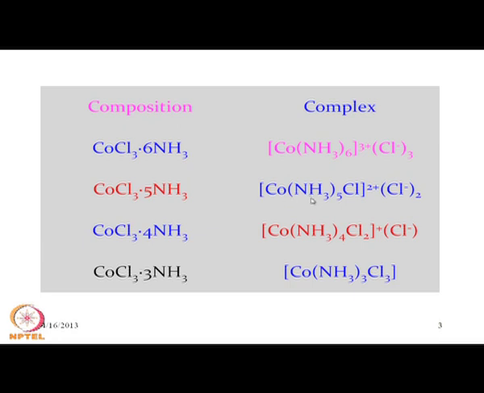Cobalt is surrounded by 5 ammonia ligands and 1 Cl is present as the corresponding ligand within the coordination sphere. So, this is basically a coordination sphere where we have 5 NH3 and 1 Cl, and 2 of the Cl are present as Cl minus. So, the nature of these Cl groups is different.